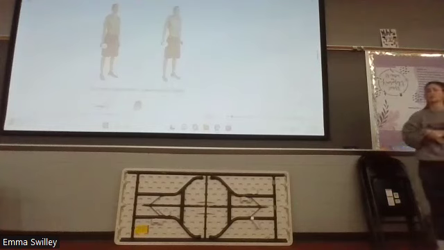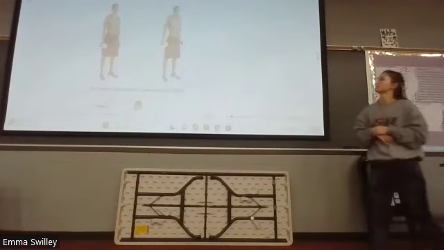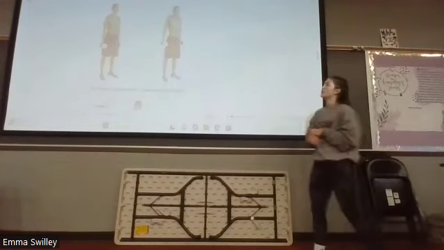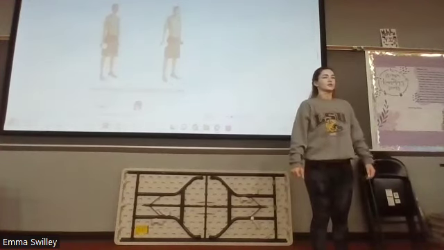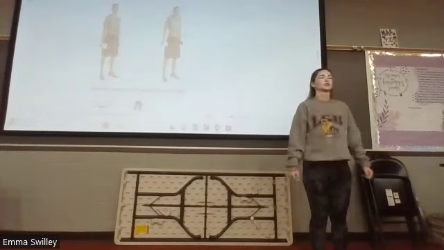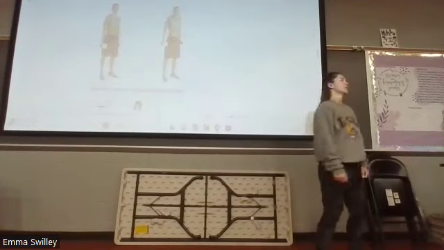Okay, we'll start talking about the scapula now. So we'll talk from left to right. They're doing a little ear to shoulder, shoulder to ear movement.